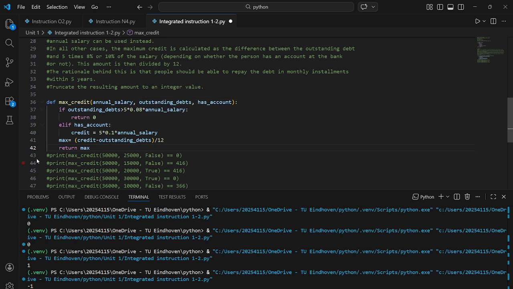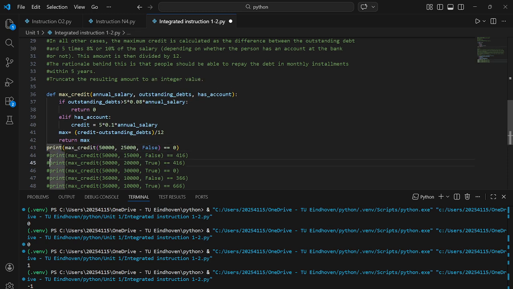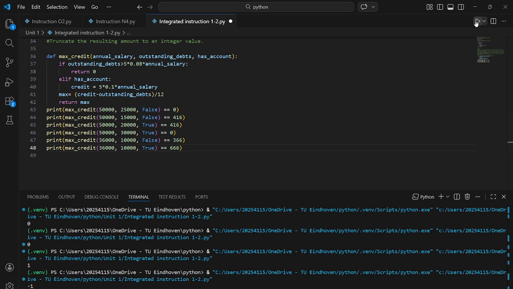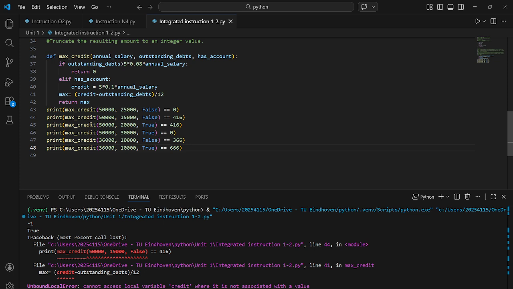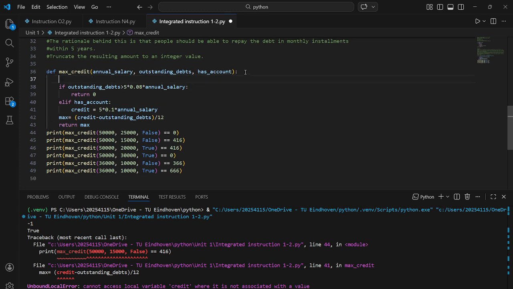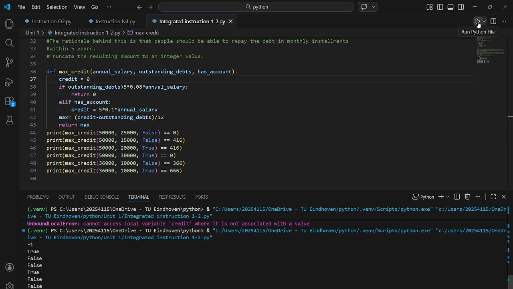I might have missed something, but let's actually check if the print statements are right. Credit is not associated with a value. Then I suppose we can just create credits from the beginning and temporarily set it to 0 to solve this problem. And we get the first statement true, then the fourth one true, but the rest is false.